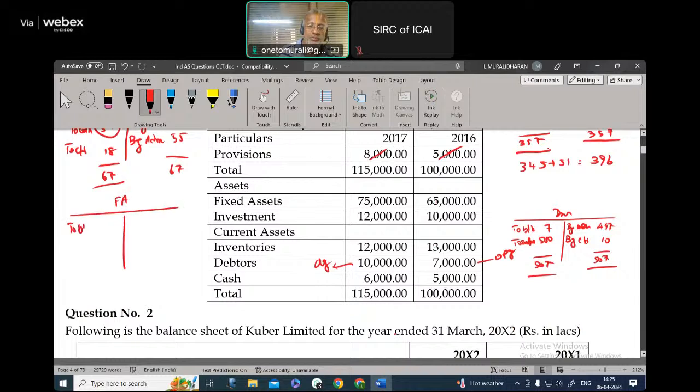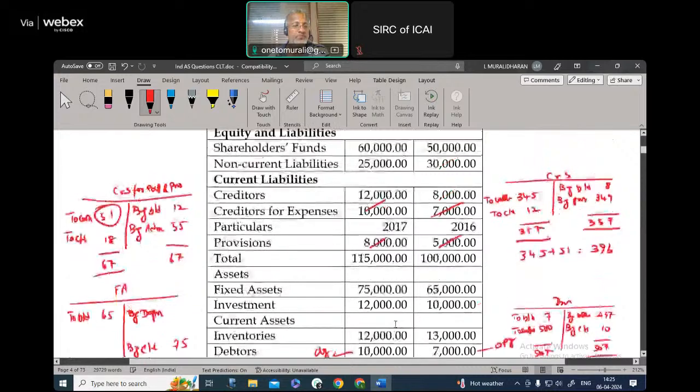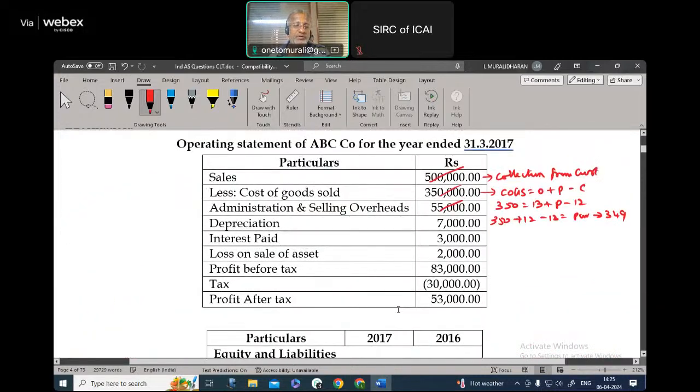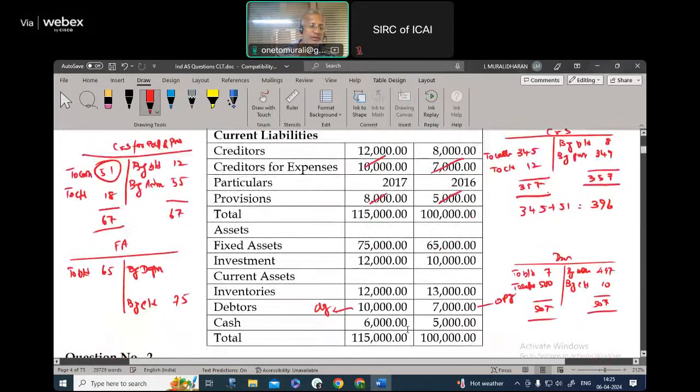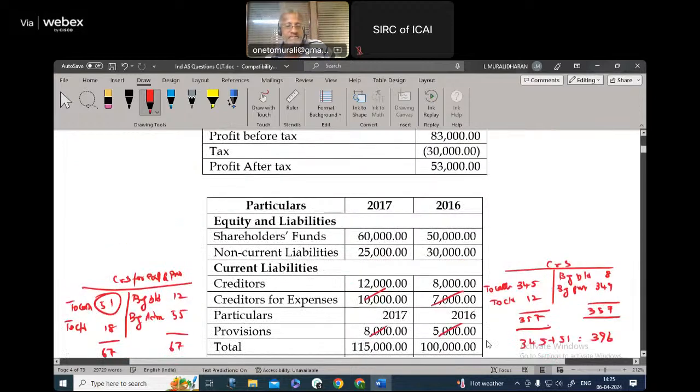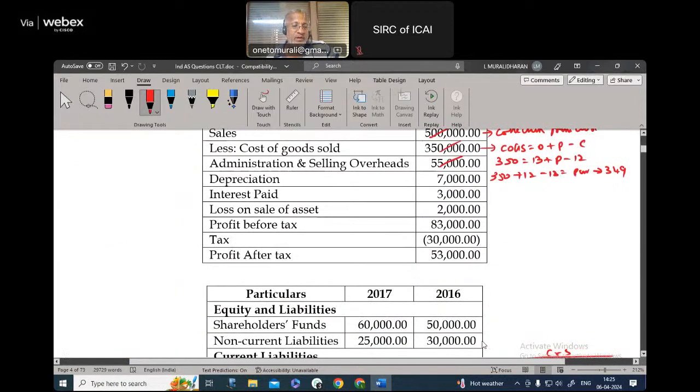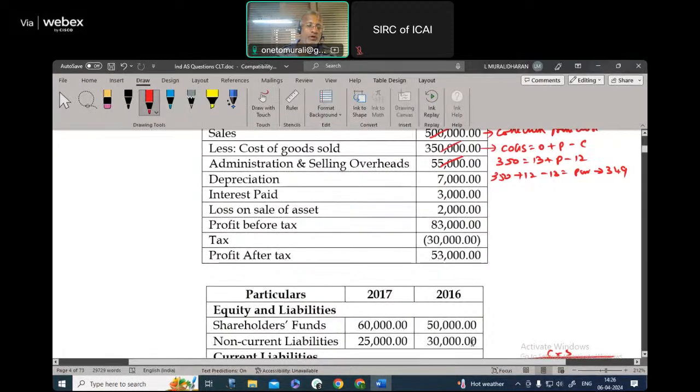To balance brought down 65, the closing balance 75, by depreciation to the extent of 7,000. Sorry, in fact, it is loss. By loss to the extent of 2,000.